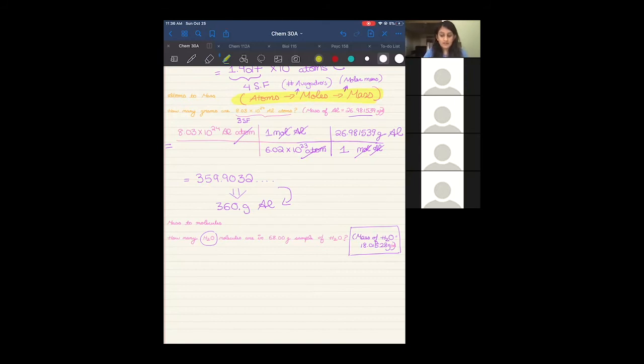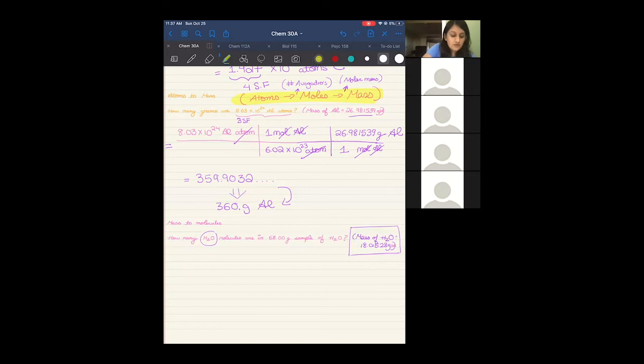You have the right concept down though. Okay. So two things. One person said mass to moles to molecules, which is right.